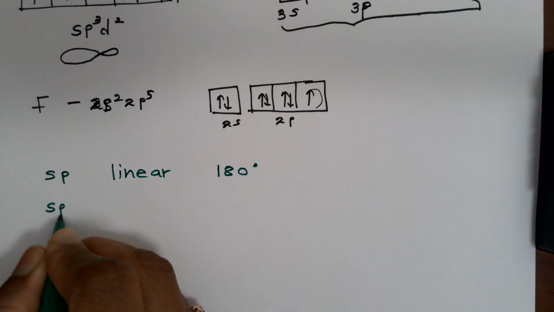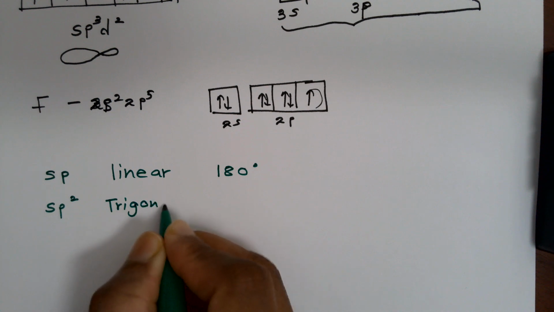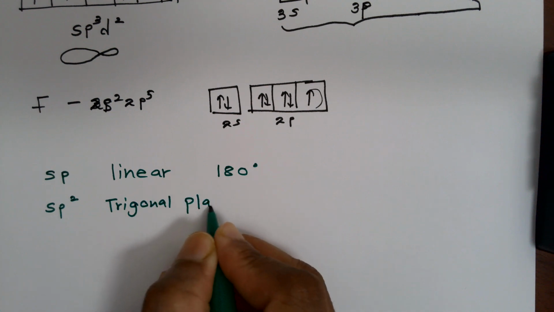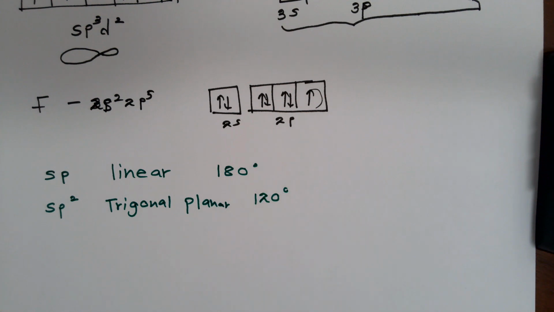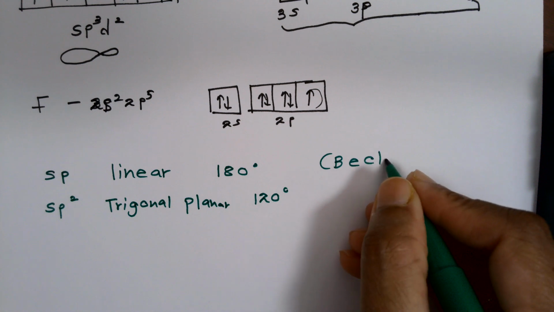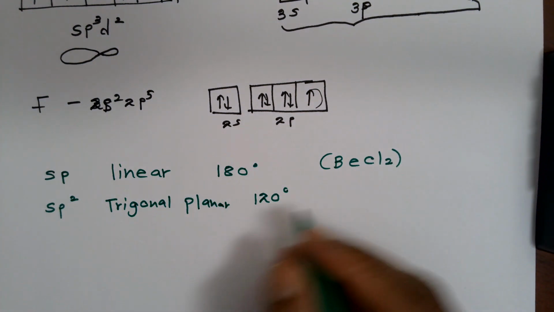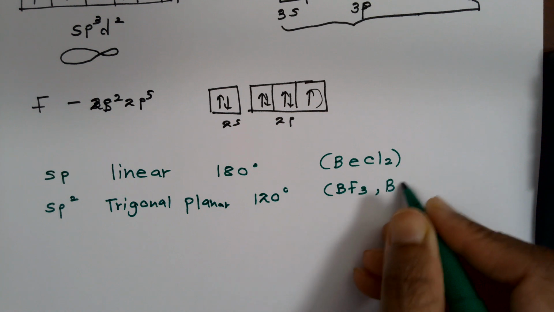And sp2 hybridization is trigonal planar shape, the bond angle is 120. Examples we discussed here: beryllium chloride, BeCl2. Trigonal planar we discussed BF3, another example BCl3.